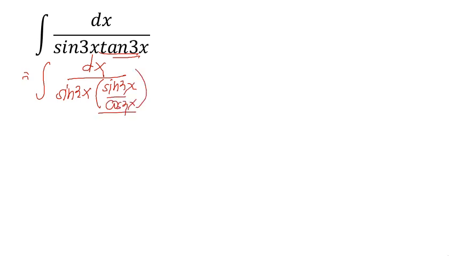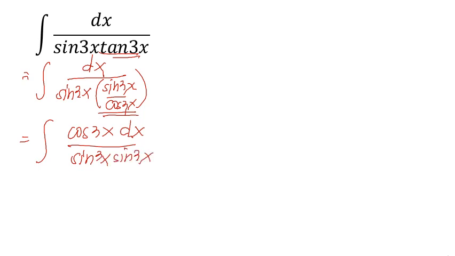Now, if we will try to reciprocate sine 3x cosine 3x, we will have cosine 3x dx all over sine 3x sine 3x, which this is equal to sine squared 3x, right?